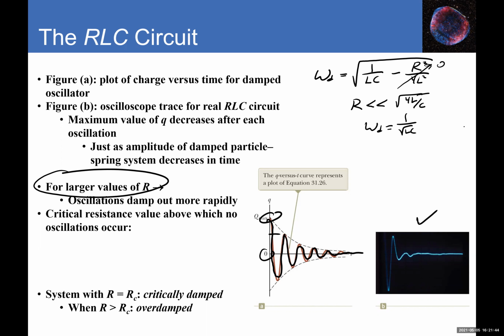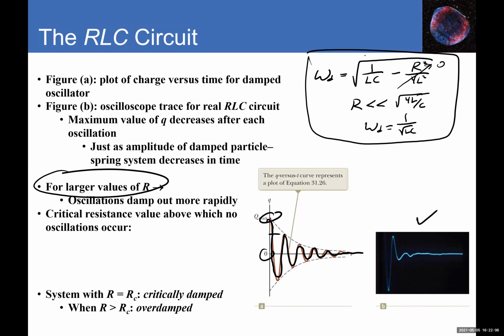That means the frequency for the damped oscillator is close to that of the undamped oscillator. You can think of it as a very small resistance, so you can approximate this to be almost the same as if there was no resistor.